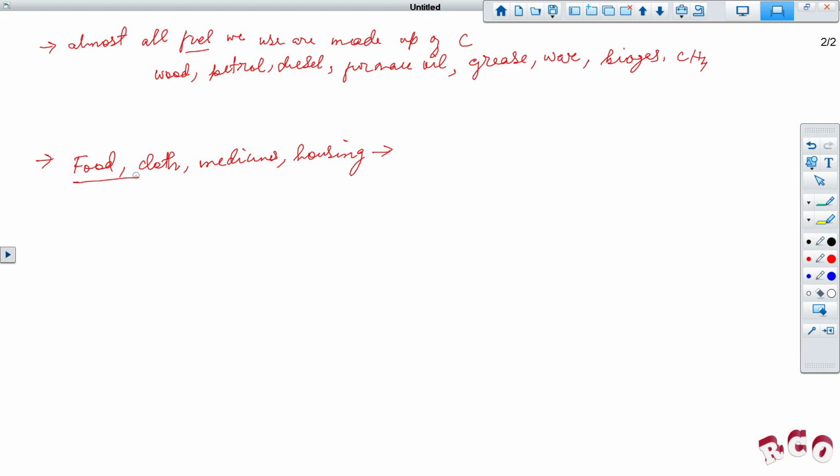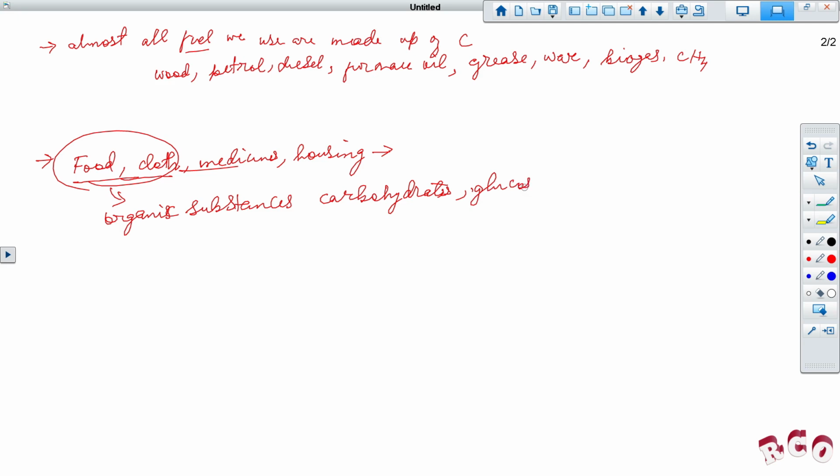When we talk about food, clothing, and medicine, especially food and clothing, we can also say organic substances, like what? Carbohydrates, rice, maize that we eat, and then glucose, cellulose, and many more, sugar, fats, proteins, and many more.